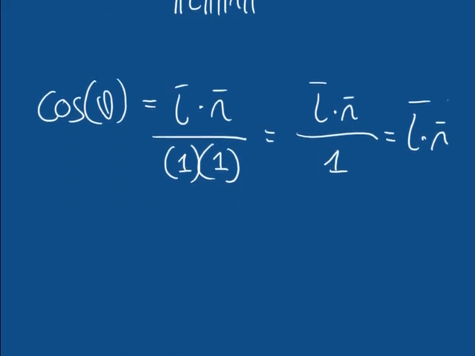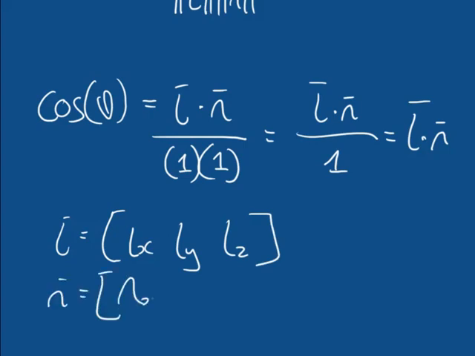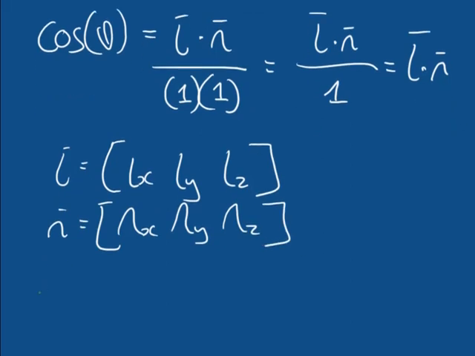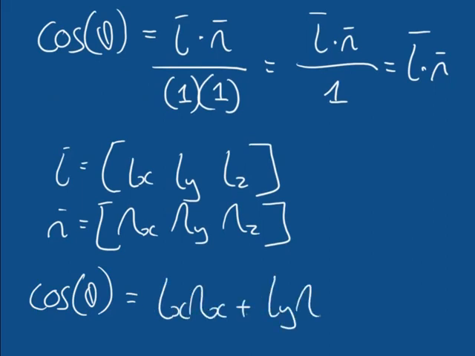n. If it's simply equal to L dot n, we can use the component definition of our dot product in order to find the cosine of that angle. So if L is the vector (Lx, Ly, Lz) and n is the vector (nx, ny, nz), then we can find the cosine of the angle using that component definition: Lx times nx plus Ly times ny plus Lz times nz.